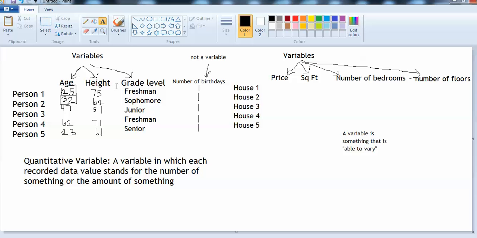What about income? Income is quantitative, because each person's income would be the amount of income that the person is earning.